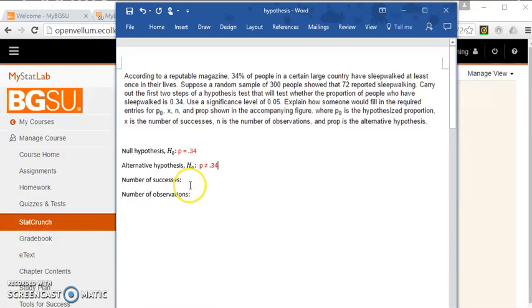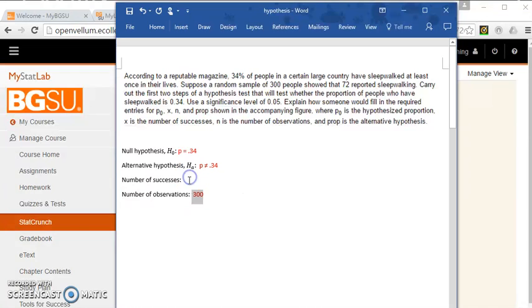And next thing you want to find out is the number of successes and the number of observations. So right here, we go back to look at our sample. We have a simple random sample of 300 people. So our number of observations here will be 300.